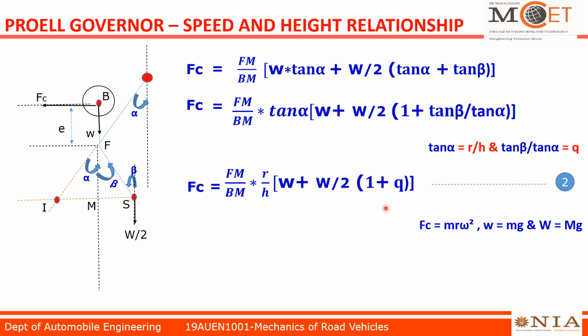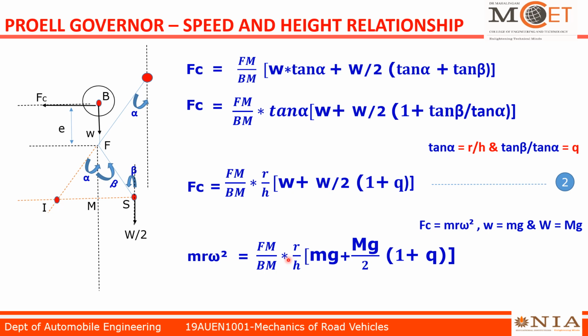If we substitute these values in equation number 2, we get m r omega square equal to Fm by Bm into r by h, brackets open, small m g plus caps M g by 2 into 1 plus q.